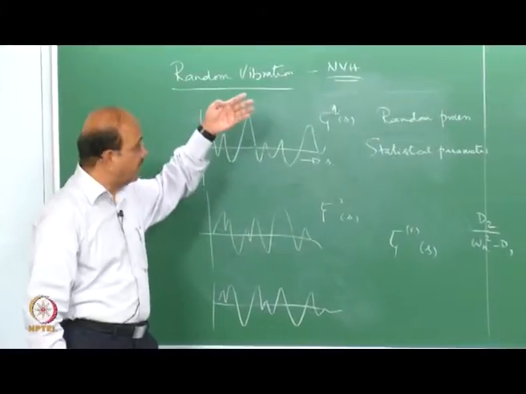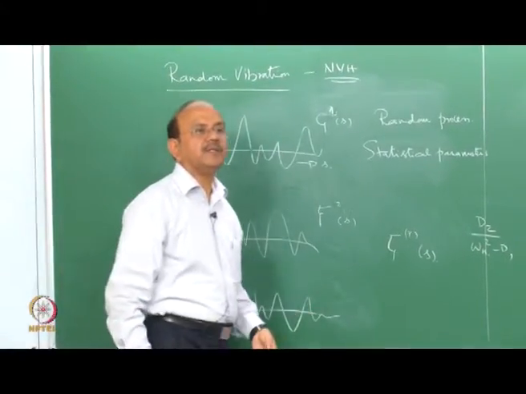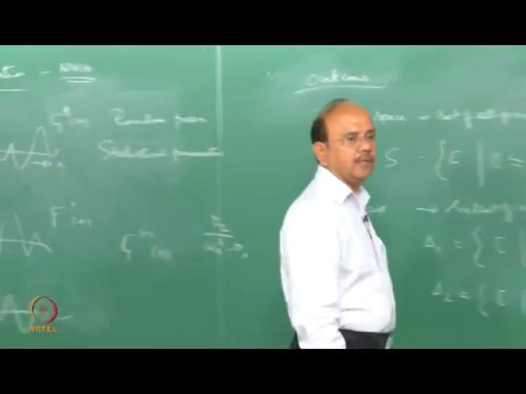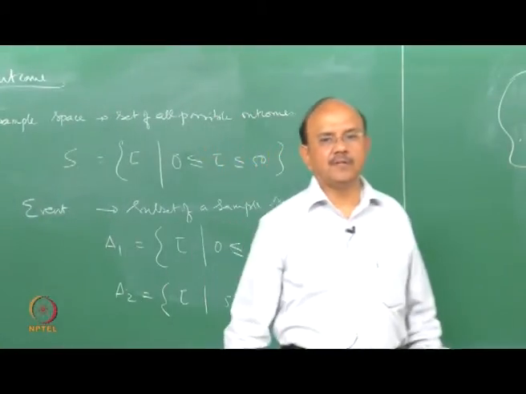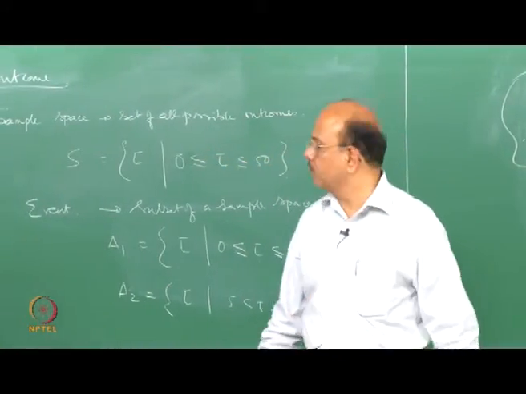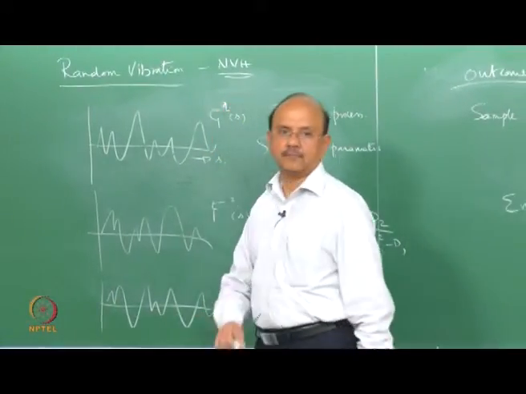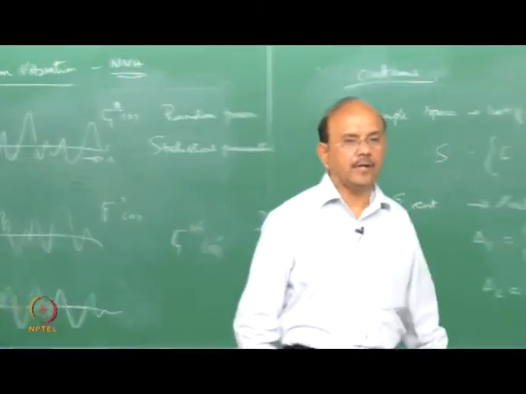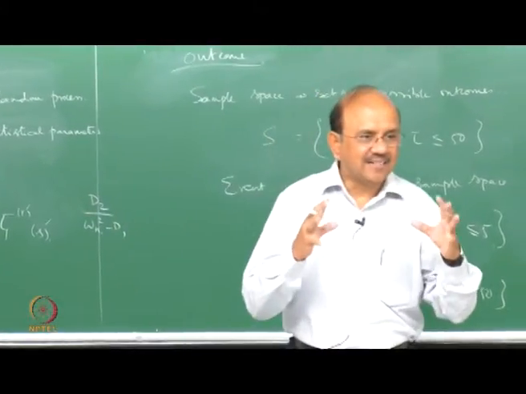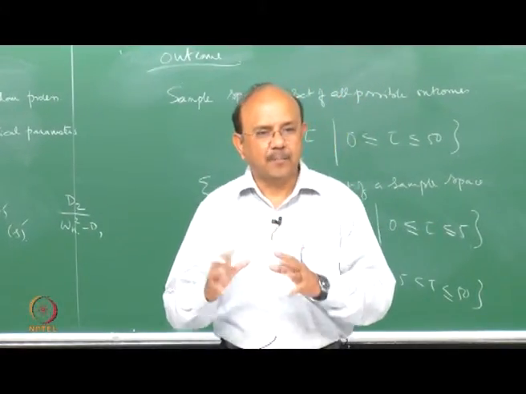So there can be infinite such zetas, which have two notations. One is R and the other is S. So this is what is called a random process.